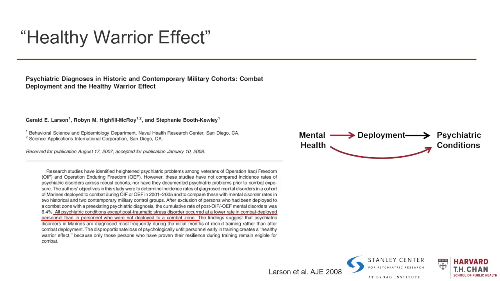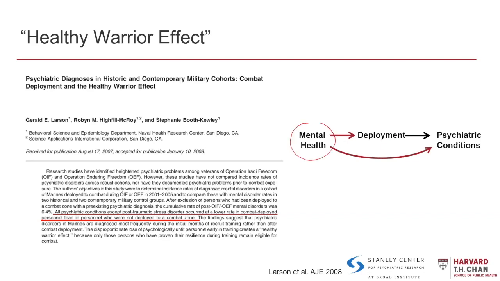Another one that has been described in the psychiatric epidemiology literature is the healthy warrior effect, which has been seen among deployed military members, where good health is a prerequisite for deployment, because there is selective screening during training and selection that might in a way affect mental health.